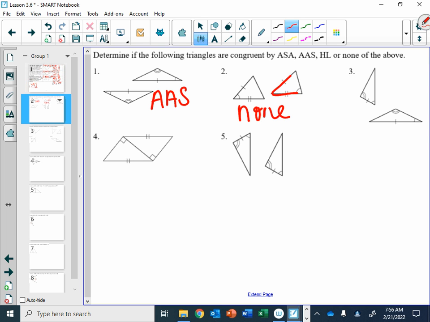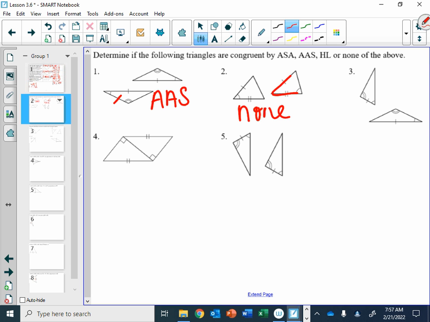It is angle, side here because, if it were angle, side, angle, I would need the side right here. Because I have 2 angles and a side not in between those angles, that's why I can say it's angle, side. So I got 2 angles and a side not in between the angles.